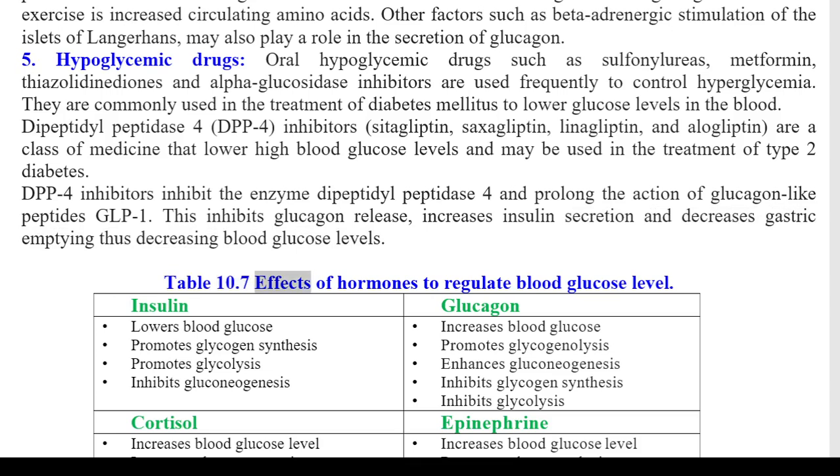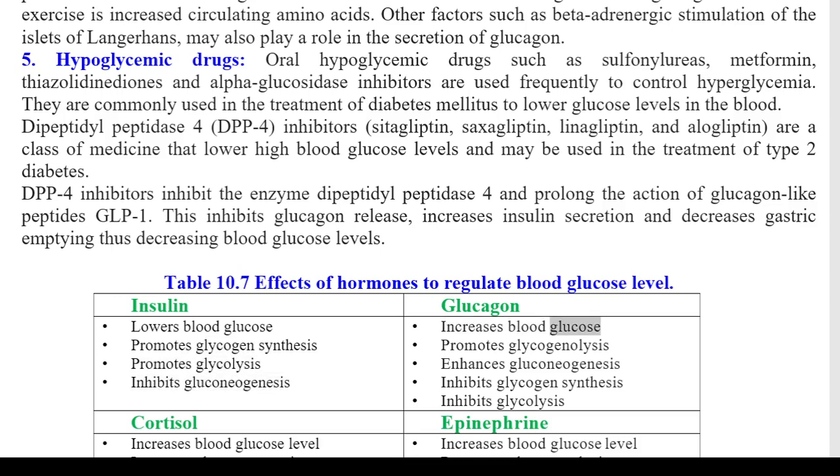Table 10.7. Effects of hormones to regulate blood glucose level. Insulin: lowers blood glucose, promotes glycogen synthesis, promotes glycolysis, inhibits gluconeogenesis.